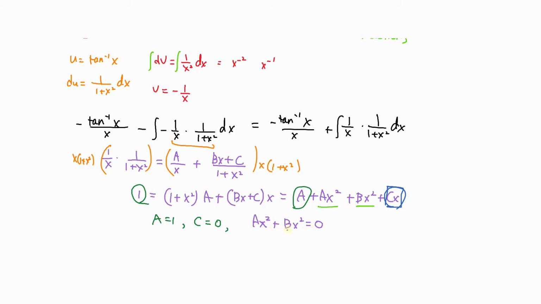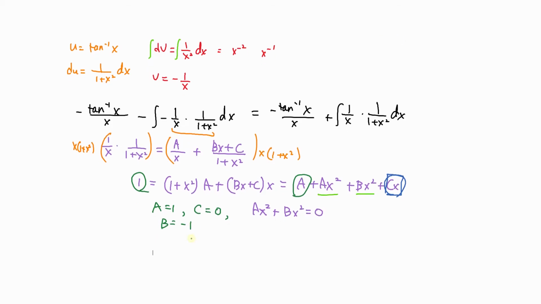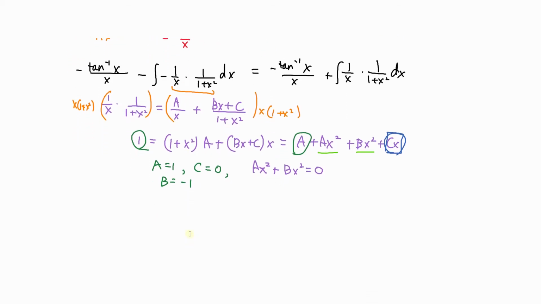I can divide both sides by x squared, so I have A plus B. Already knowing that A equals 1, I can simply set B equals negative 1. That way you will have 0. So B is negative 1. And that means I can replace A with 1. So this becomes 1 over x, and C is simply 0, and this just becomes negative x over 1 plus x squared.